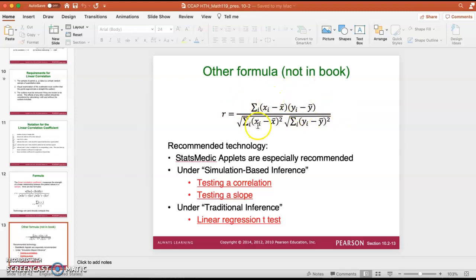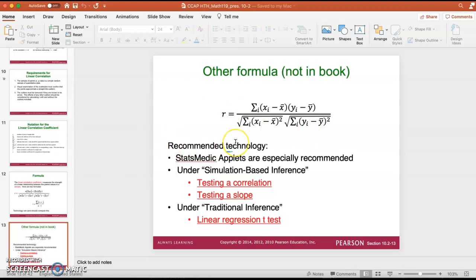And so that's on top of the fraction. So on the bottom of the fraction, you've got two square roots, so one of all the x values minus the mean. Take those differences, square them, then add them up. Then you square root that sum, and you do the same thing for the y's. Once you divide those, you would still be getting the same correlation coefficient.